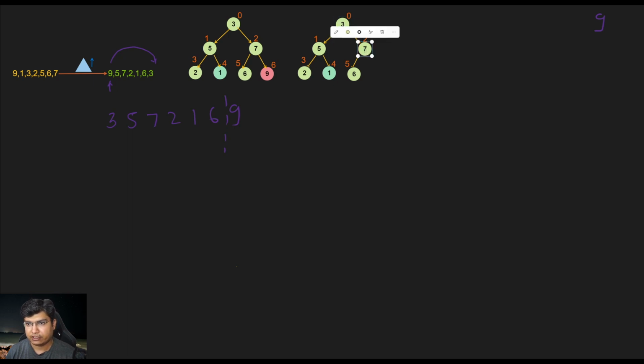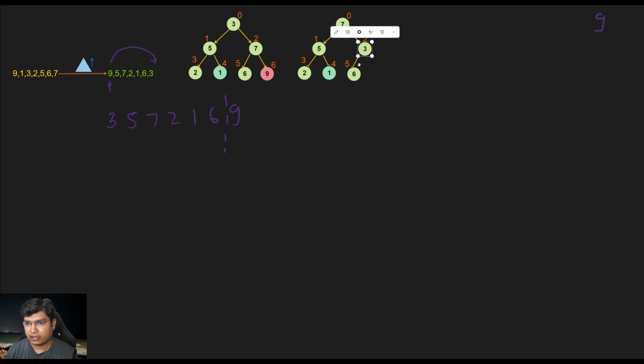We see that 7 is the greater number of all the three numbers over here. Out of 3, 5, 7, 7 is the largest number. So we just swap 7 with 3. 7 comes here and 3 goes here. Now I have to again call max heapify on this node, because we might have disturbed the max heap property for this subtree.